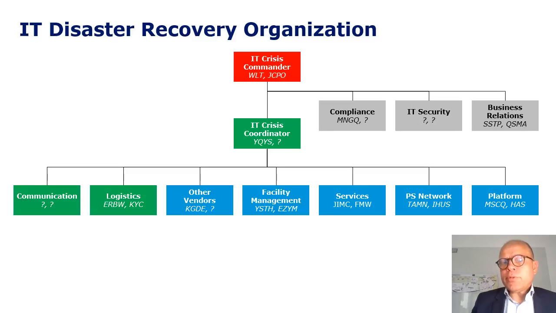So we've drafted an organizational diagram of this, and again, keep in mind that all the initials here are examples and in draft, but just to give you an idea of the organization. You can see that the crisis coordinator is sitting here like a spider in the web, trying to make sure that everything here is coordinated and in sync.